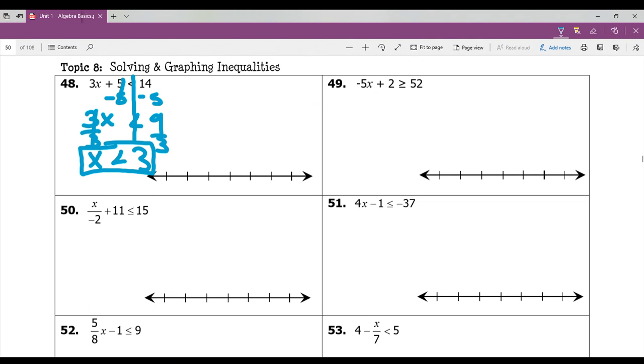And this is a blank number line, so you can put any numbers on here you want. If we're referencing 3, I like to put 0 in the middle. 1, 2, 3. And this would be negative 1, negative 2, negative 3. Okay, so we're referencing from 3. Because this is strictly less than and not equal to, we would have an open circle.